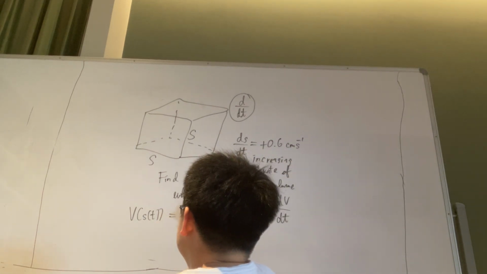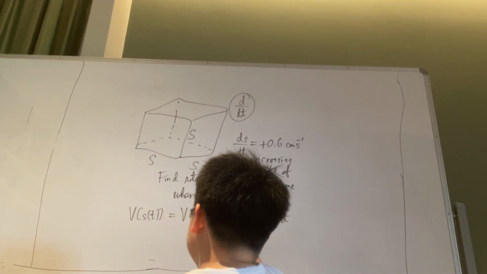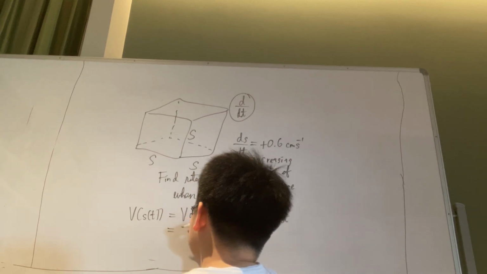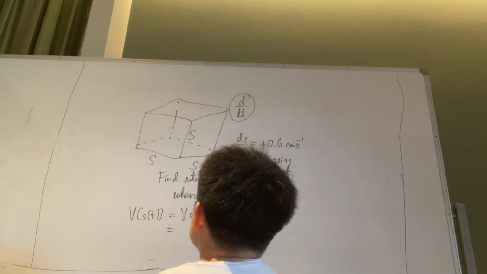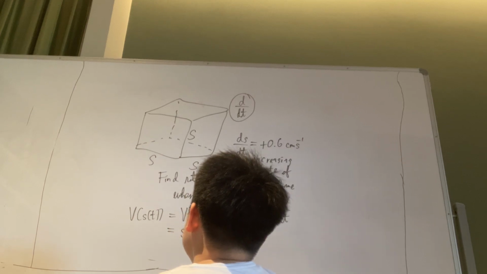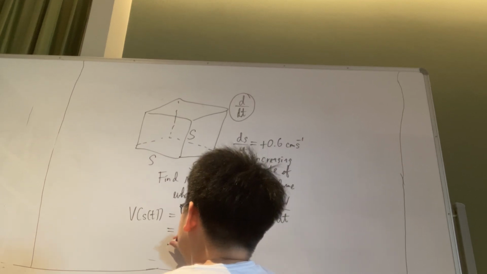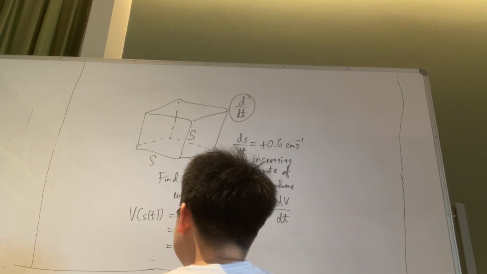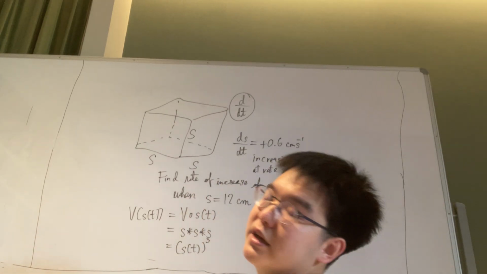Or if you want, you could do V of S of t, whatever. And that's the same as S times S times S, which is essentially going to be S of t cubed in that case.